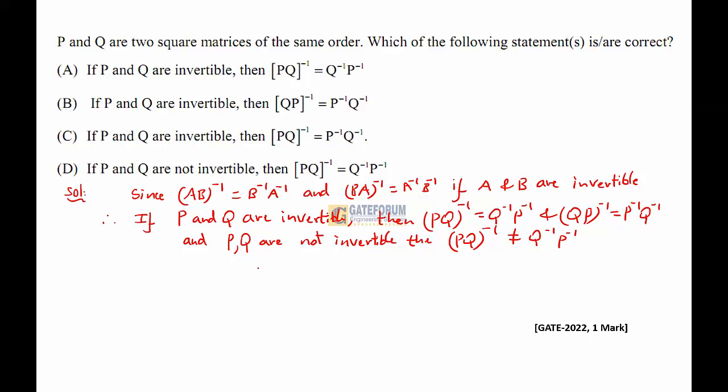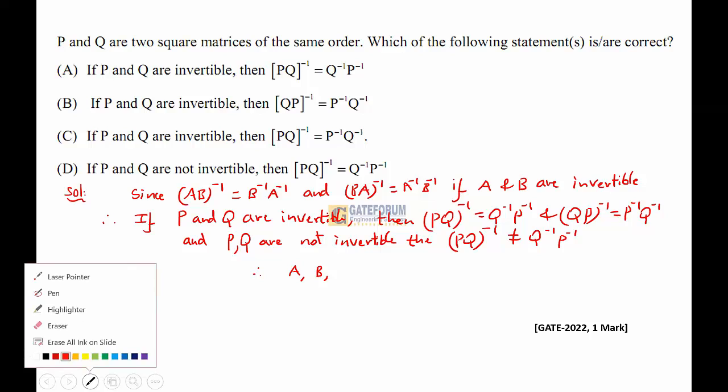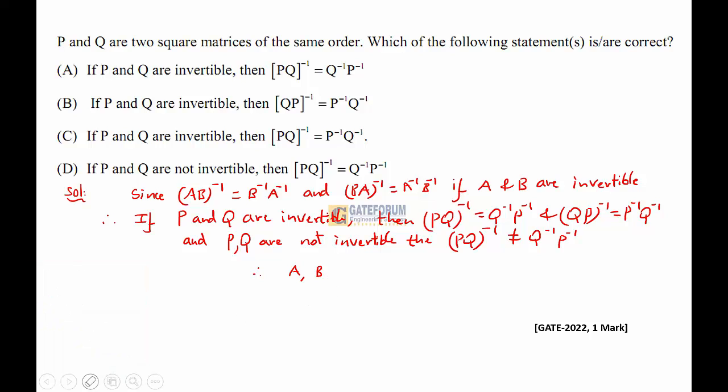So therefore, A, B, these are the only two statements correct. Therefore, A, B are correct. Okay. So this is the answer, A, B statements. This is the end of the question.